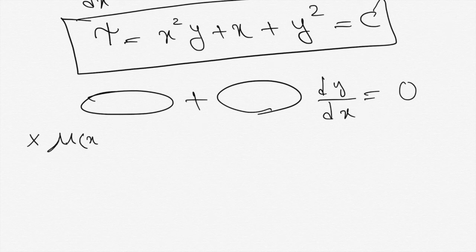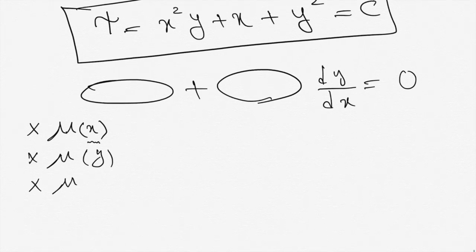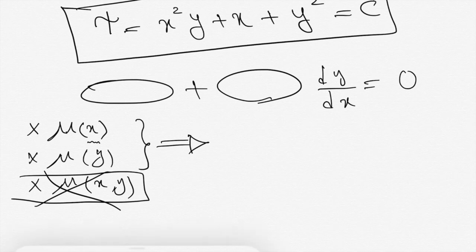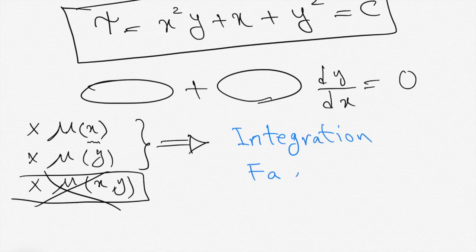So we say let's multiply it by something like mu, just as a function of x, or mu just as a function of y, or mu as a function of x and y, which is harder, and we call this part the integration factor.